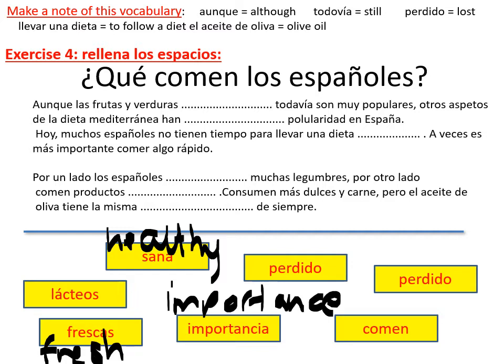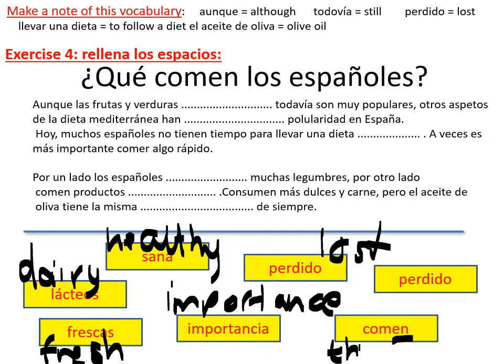Lactose intolerance is when you can't have milk, so it refers to dairy. Then perdido, which you won't know, means lost. And then comer is to eat. It's got an en on the end, so we're talking about they. They eat. So see if you can work out what the answers are for them.